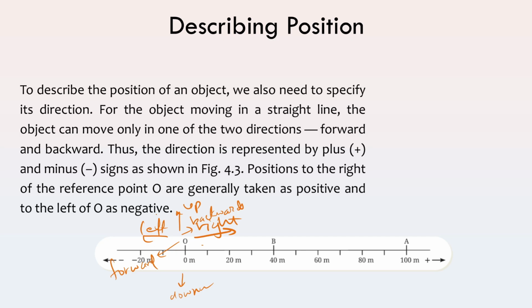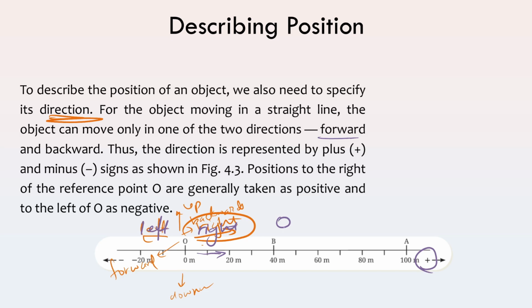We also need to specify the direction. For an object moving in a straight line like this, the object can move only in one of two directions, left or right.